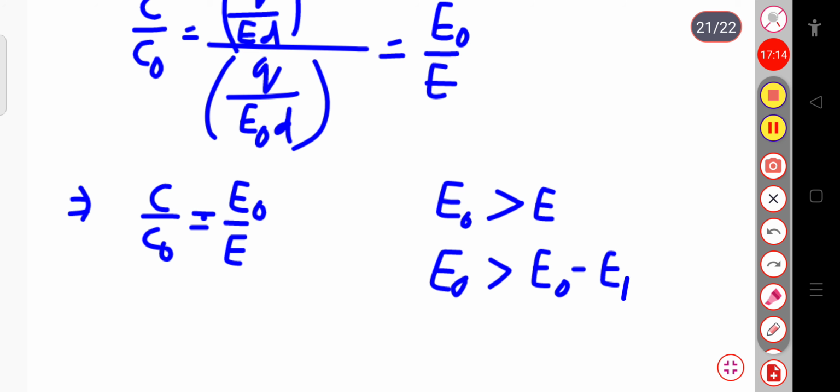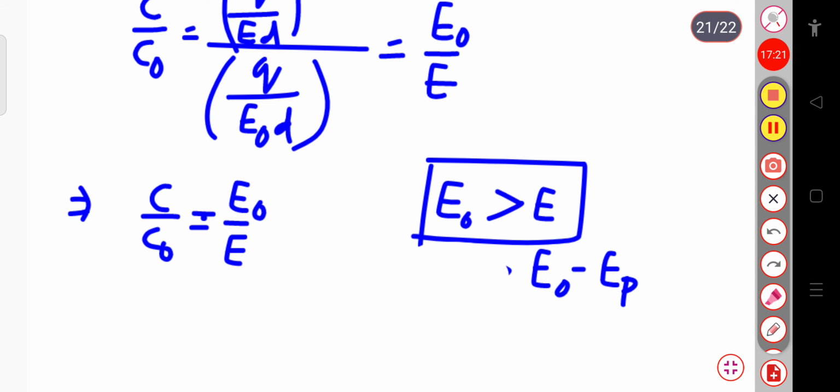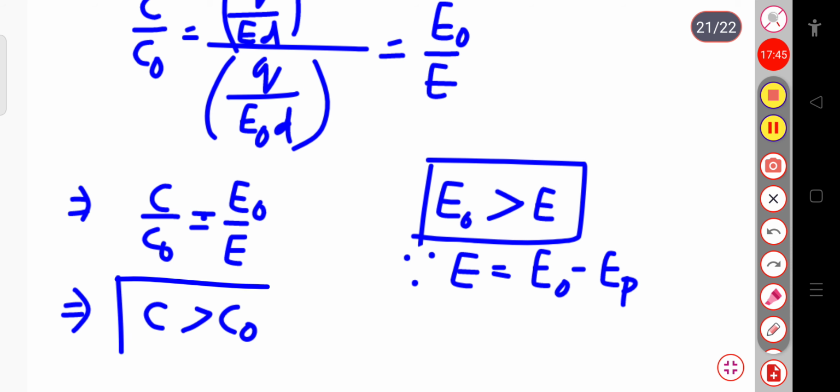Since E equals E naught minus EP, E naught should be greater than E, because we are subtracting the term EP from E naught. Therefore we conclude that C must be greater than C naught. It means that when we introduce a dielectric slab between the parallel plate capacitor, its capacitance increases.